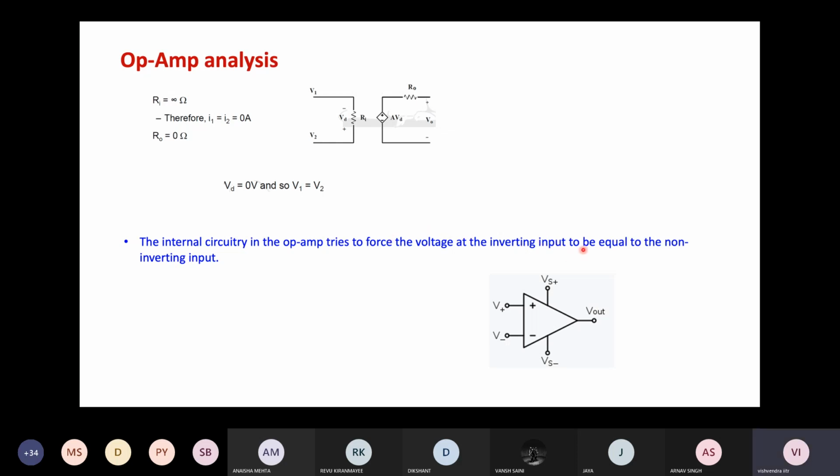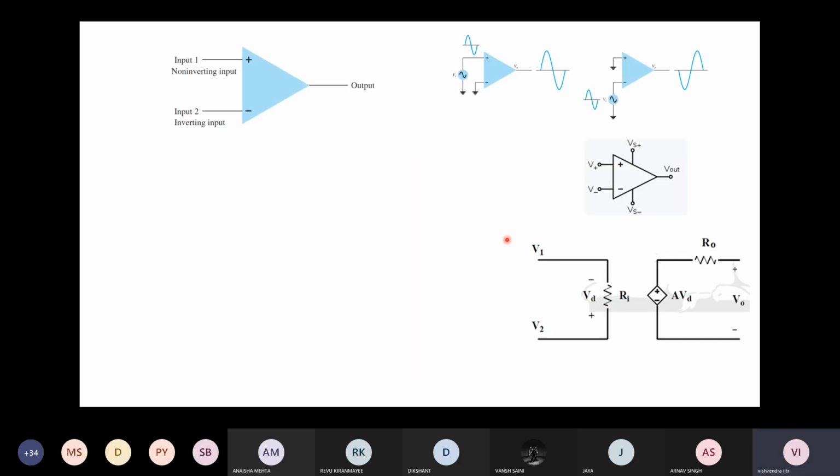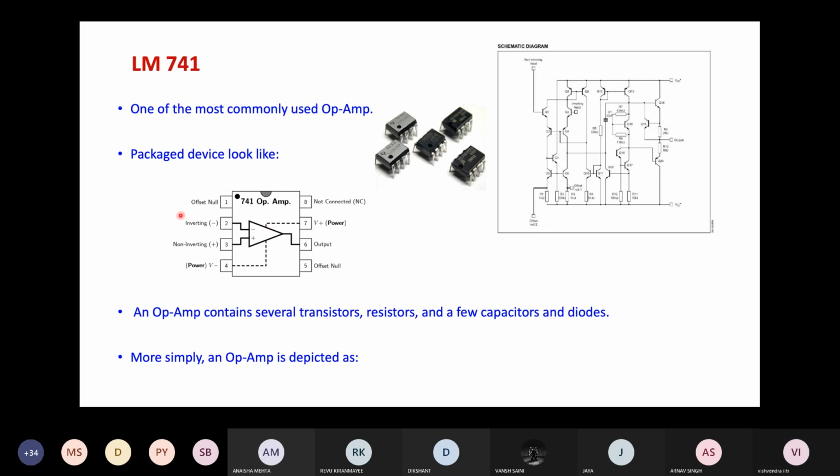It tries to force these two voltages equal to each other, and that's what is actually shown by this offset null.